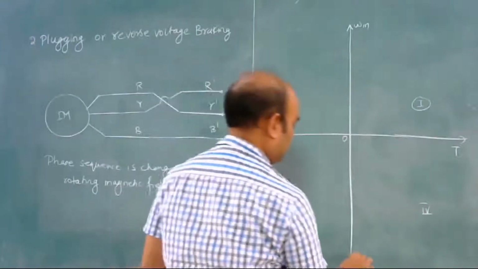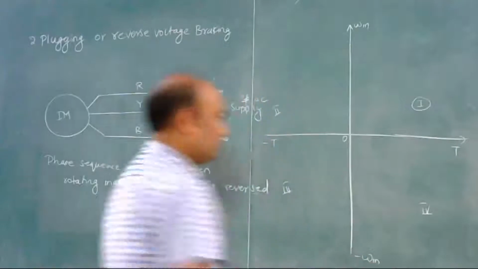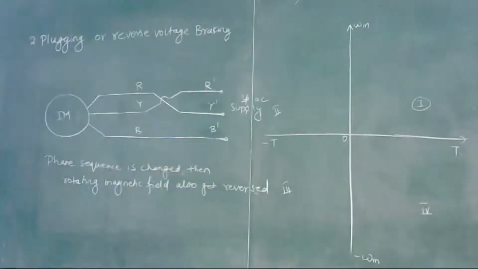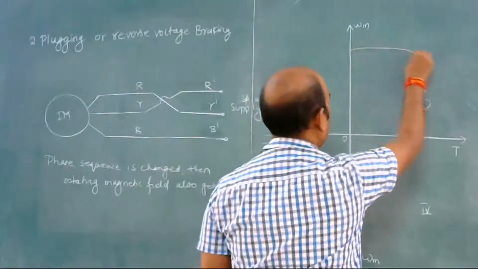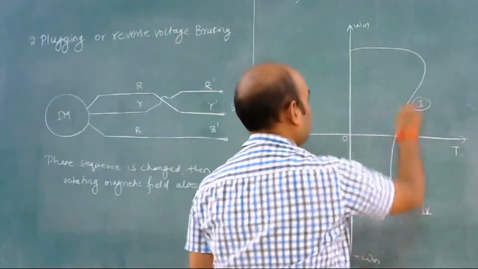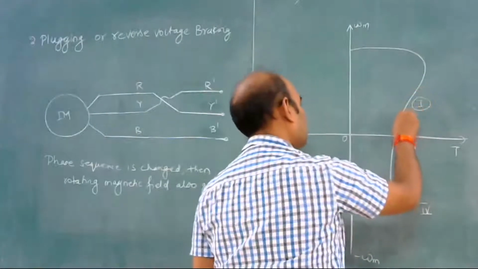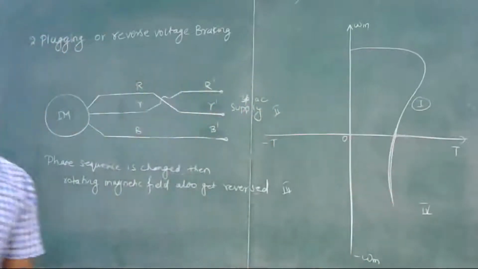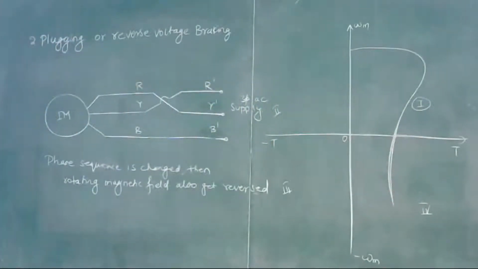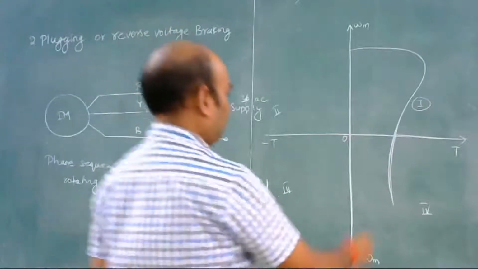This is minus omega s. Now we will draw the speed torque characteristics. This will be the speed torque characteristics of a normal induction motor, the normal operation of the motor.